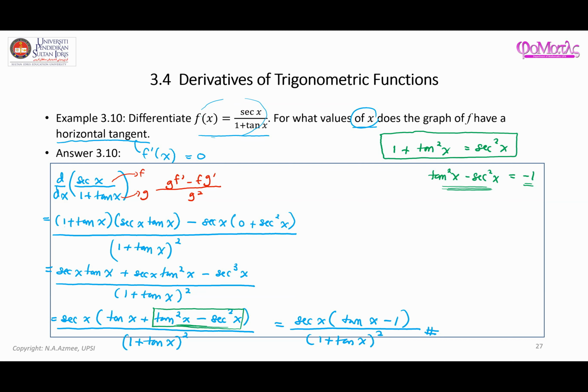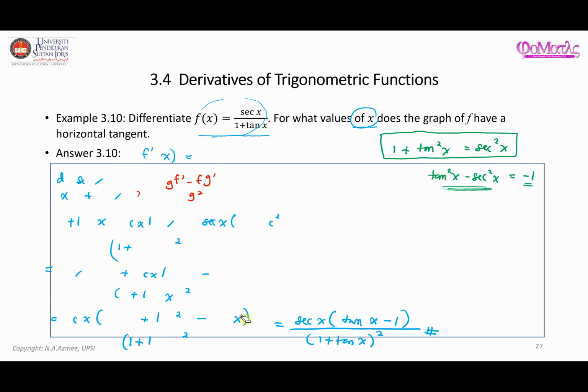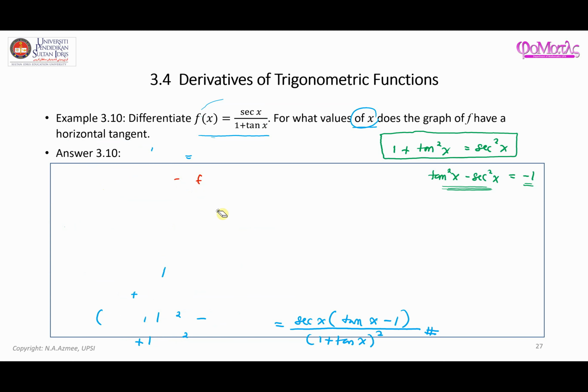Alright, so the next step is we are going to set this result equal to 0, and we're going to solve for x. So hang on a bit, I'm just going to erase the ink here so that we have some space.